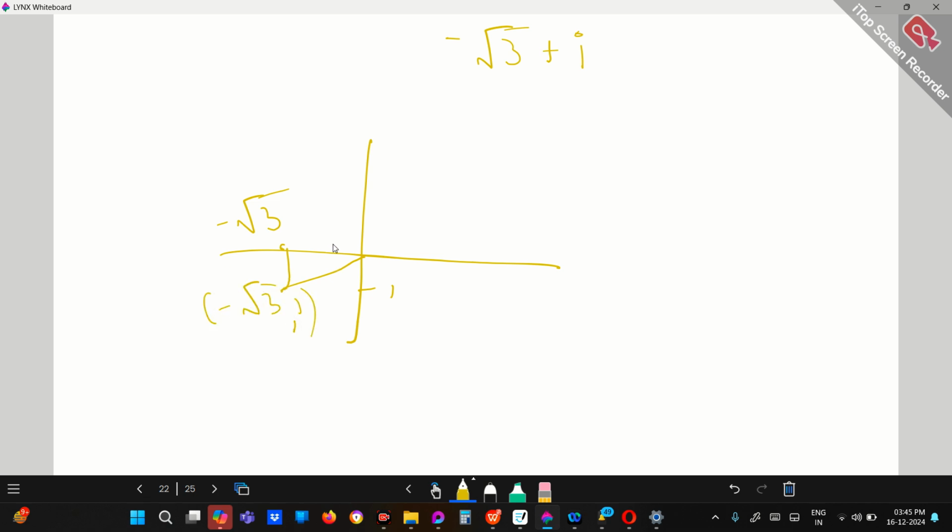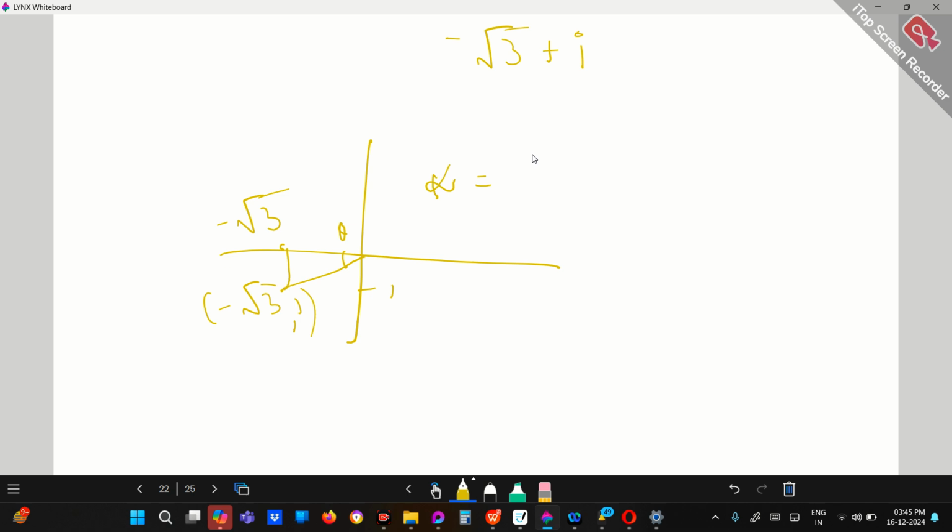Next, minus root 3 plus i. Minus root 3 is here, 1 is here. The point is here.